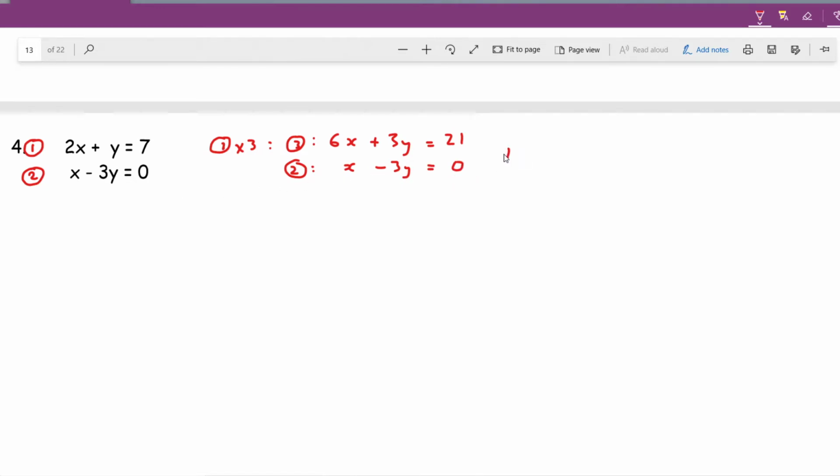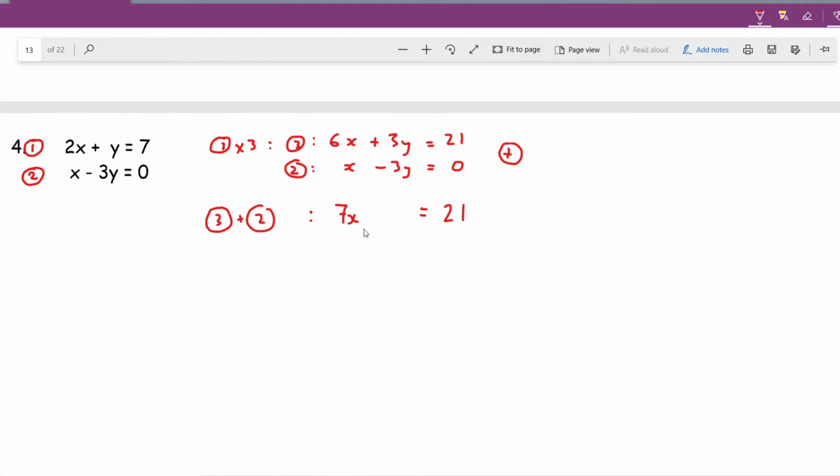If I add those two equations, the 3y terms are the same and the signs are different, so I'll get equation 3 add equation 2: 6x plus x is 7x. Now 3y plus minus 3y, they will disappear. 21 plus 0 is 21.